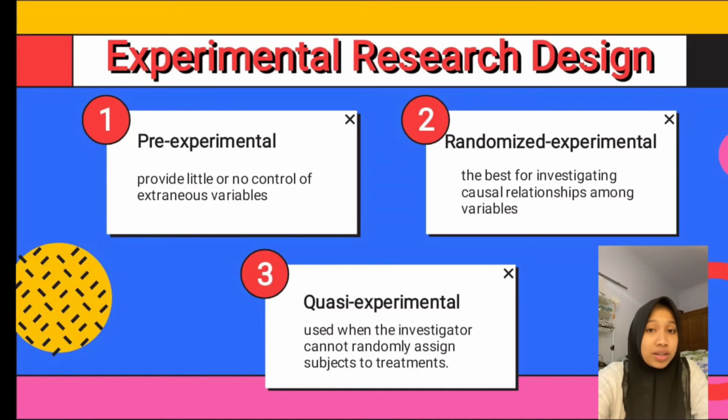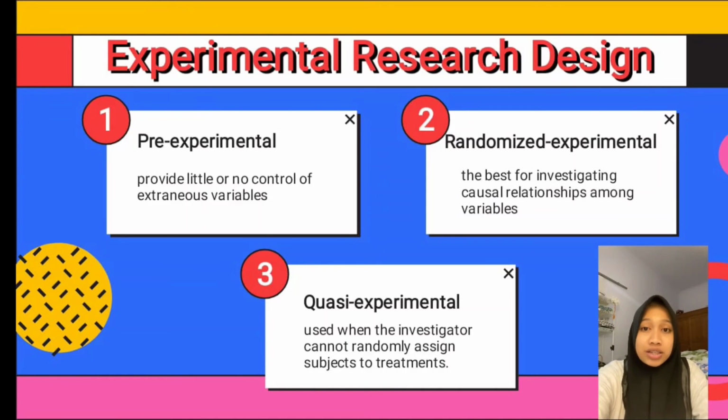Research designs are classified as pre-experimental, randomized experimental, and quasi-experimental, depending on the degree of control provided. The first is pre-experimental. The pre-experimental designs provide little or no control of extraneous variables and are not recommended. The second is randomized.